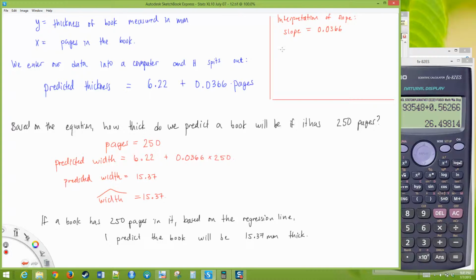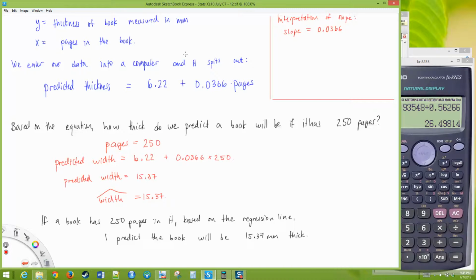It means if I increase x by 1, my prediction for y changes by the slope. So what does it mean to increase x by 1 here? What is my x? Pages in the book, okay?